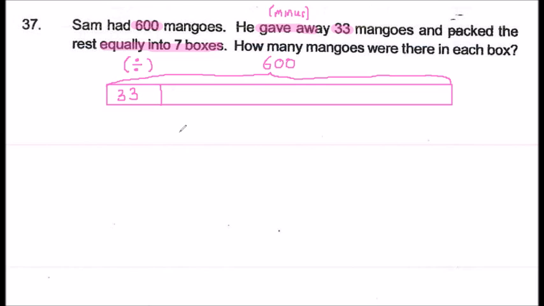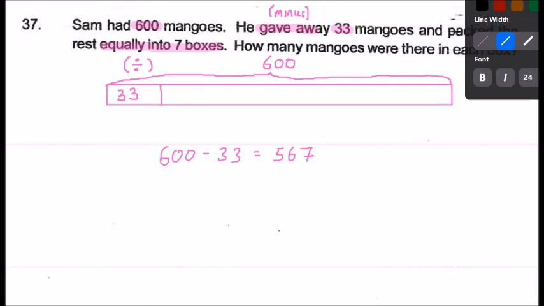So what you need is 600 minus 33. I have 567. Okay, Jane, do you get this 567? You have, right? Okay, then I think it's a division you do wrongly. So then we have this 567.